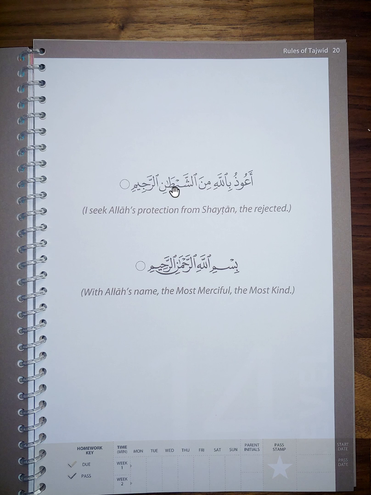So you shouldn't say twa or to. It should be ta. Nirrajim, ra is full mouth, and jeem, the ya should be from the mouth and not from the nose. Not jeem, rather jeem.